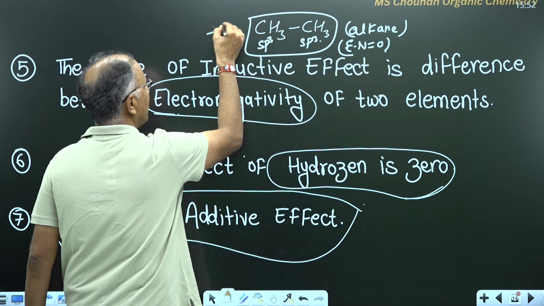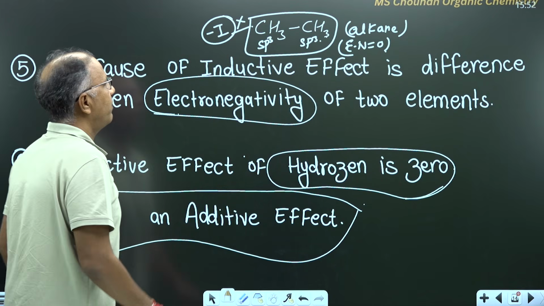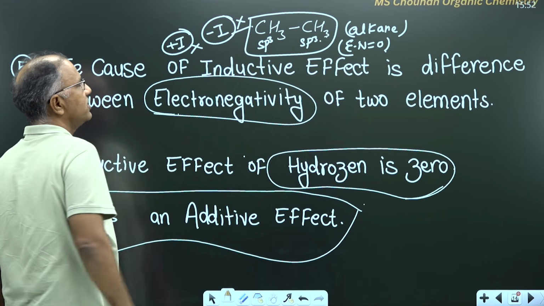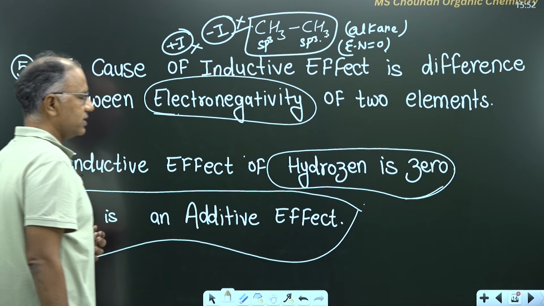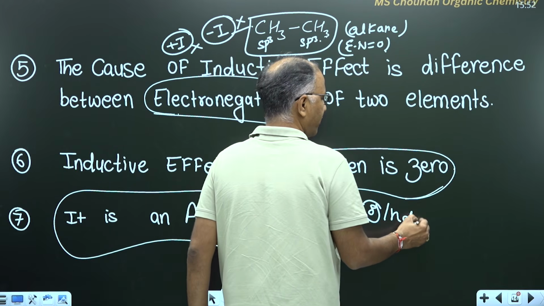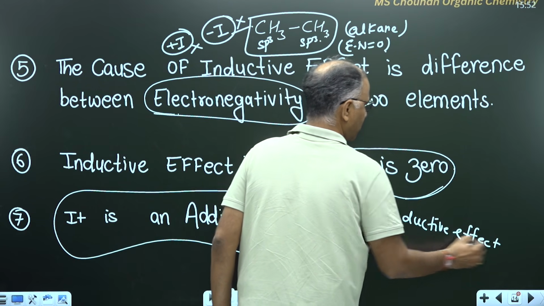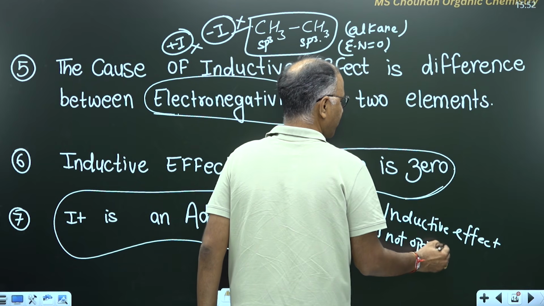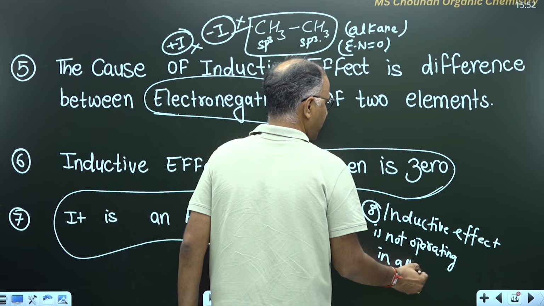This alkane will not show minus I effect or plus I effect. Means we can say that inductive effect is not operating in alkane. So add one characteristic, 8th: inductive effect is not operating in alkane.